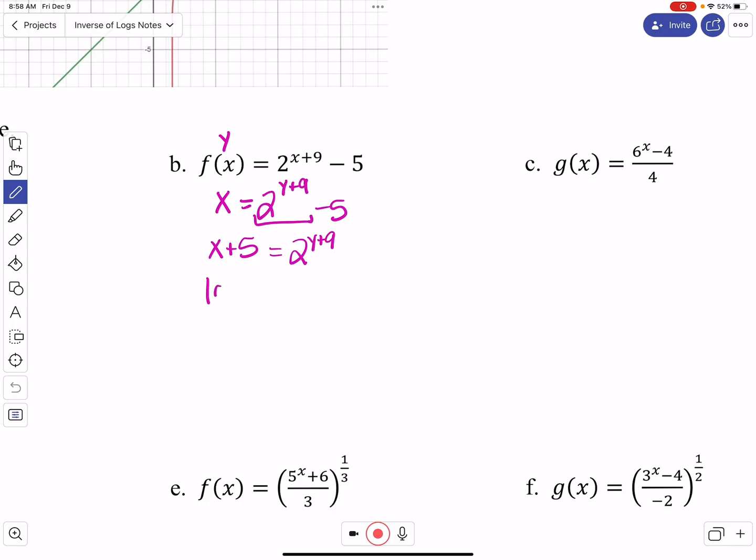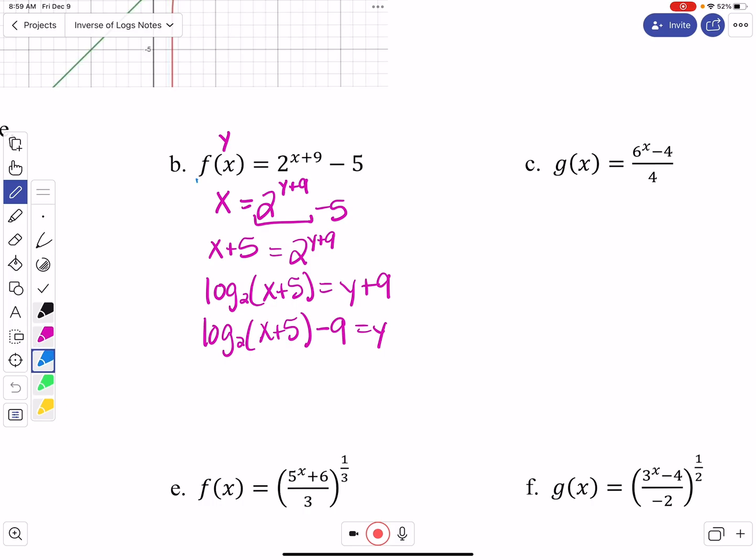So I have log base 2, and then I have x plus 5 because we set it equal to the power. And then I want to subtract 9. And then technically we don't want to put that y right there because it started off with f of x.